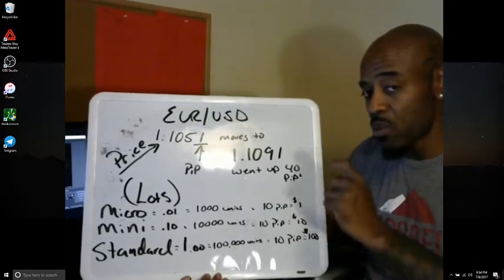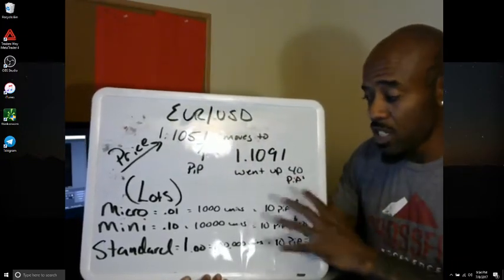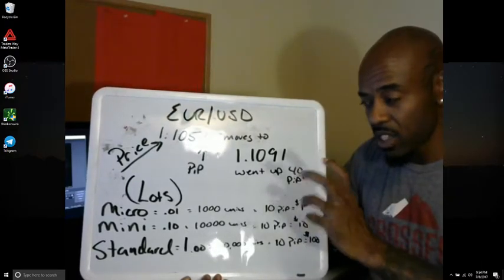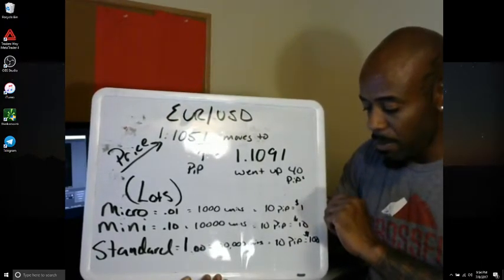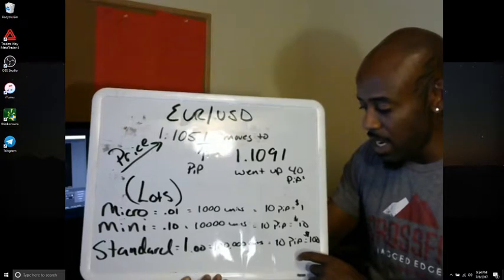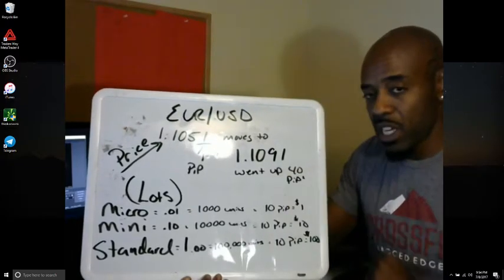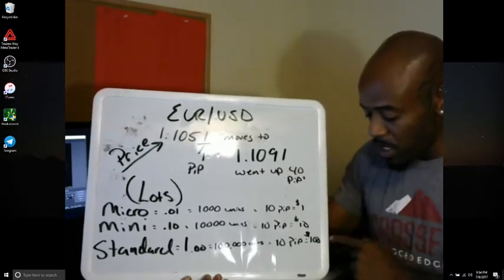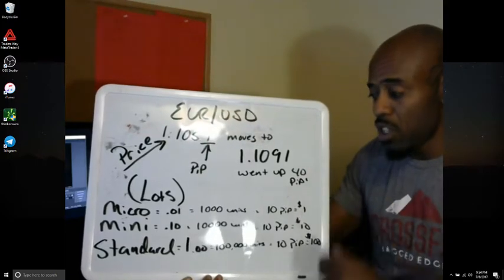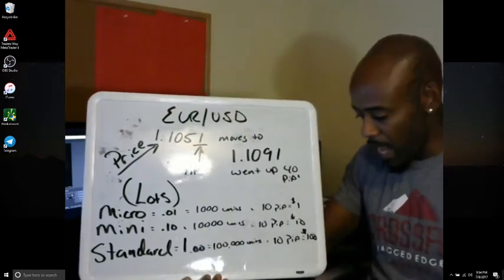So you risked $1 or you wagered $1 on this particular trade. Your risk is a little bit something different. And your profit, if you hit with this particular move, would have been 40 pips, which would equal $400 at a standard lot.